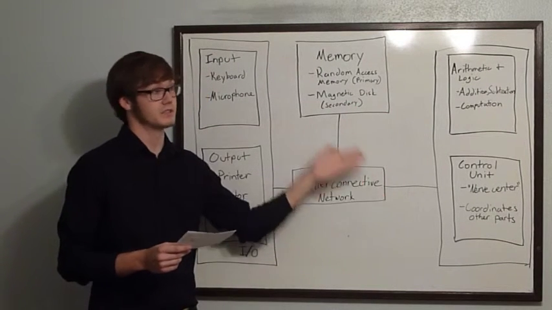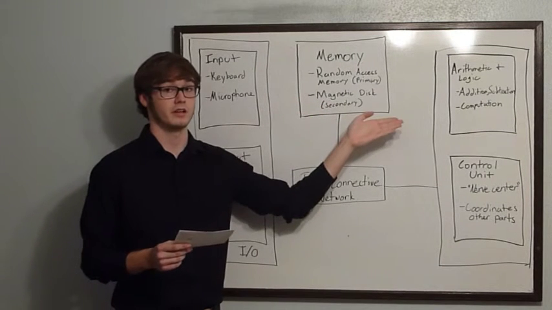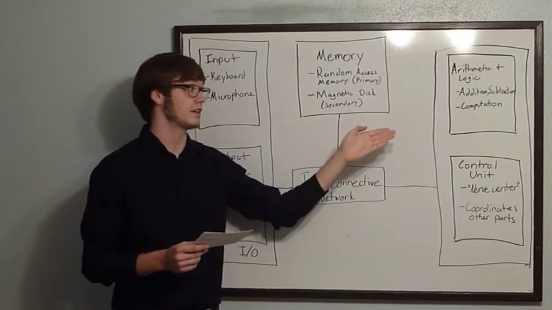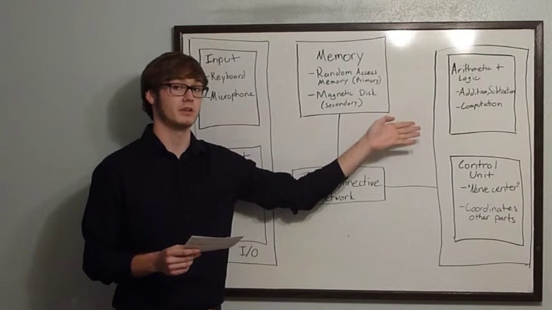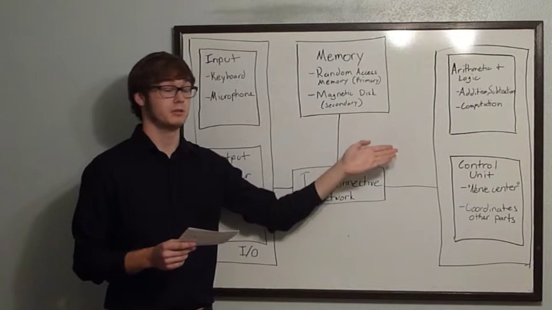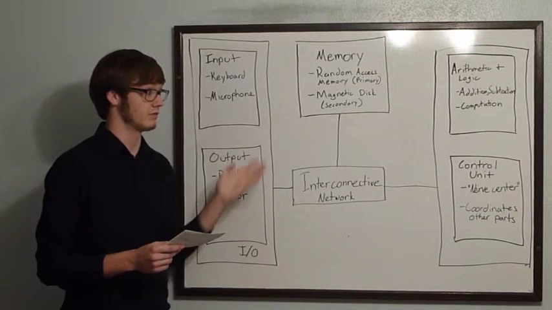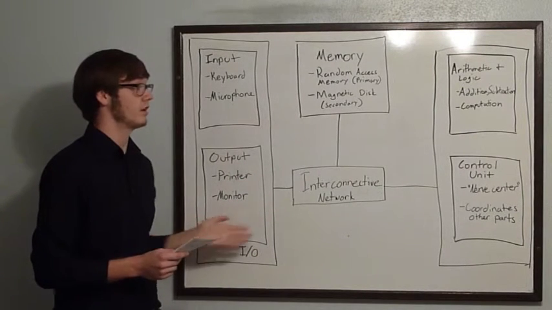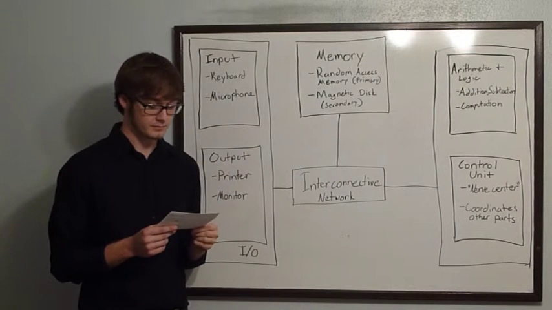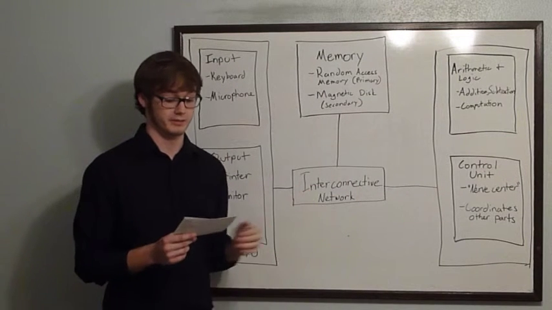The control unit needs to tell the memory unit that this information needs to be loaded into the arithmetic and logic unit, while simultaneously telling the arithmetic and logic unit what to do with it. Once it is outputted from the ALU, the control unit tells the ALU where to put this information, whether it be the output or back into memory. All these functions are directed by the control unit.